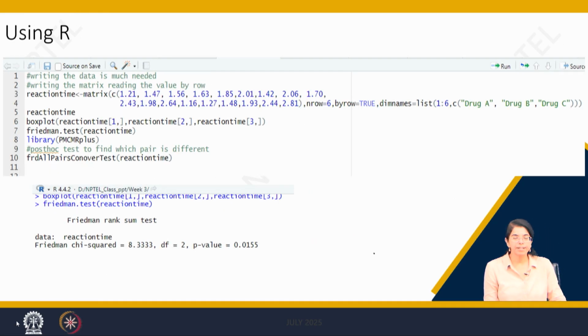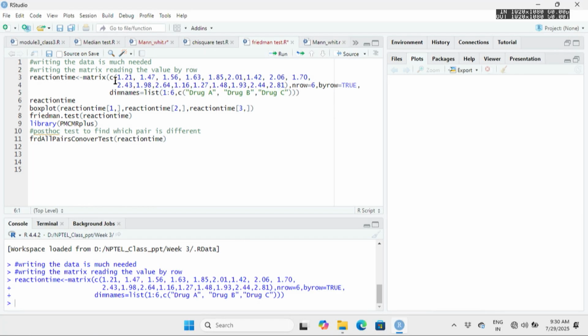The same thing we can solve by R. Let me open my R window. Okay, so here you can see it's extremely easy.